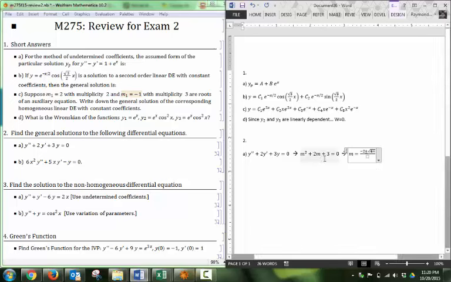We have 4 times 3 is 12. So that gets negative 9 under the square root. And so we're going to have a 3i there, divided by 2a.